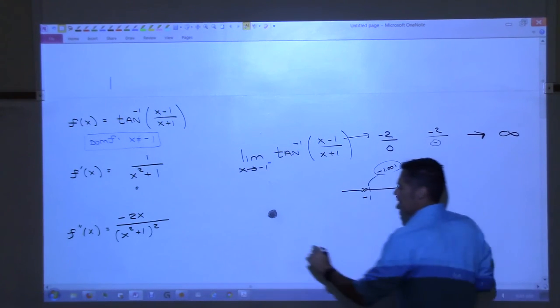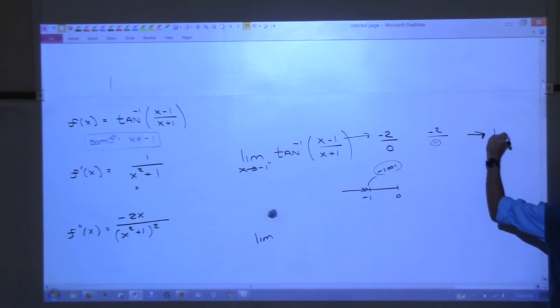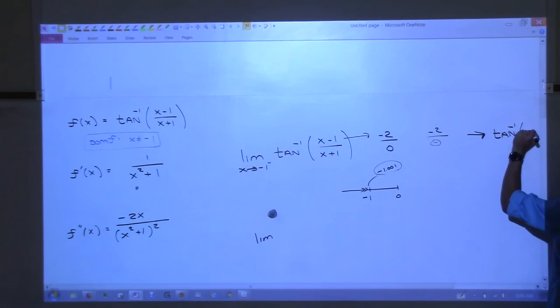Now, what would happen if I do that same limit, arctangent of positive infinity? I forgot that part, and that's critical. What's arctangent of positive infinity? You can't plug infinity into arctangent, can you? Arctangent spits out an angle.